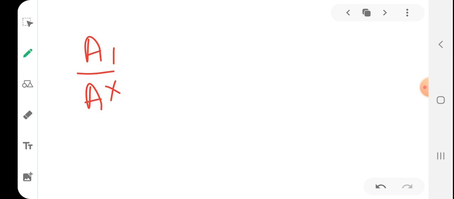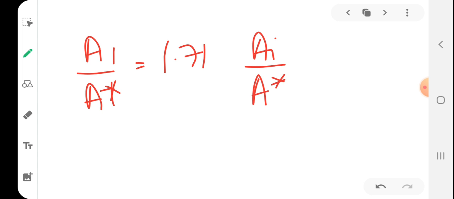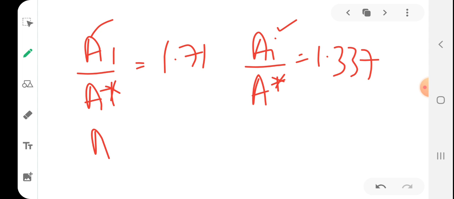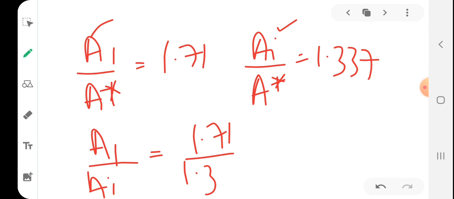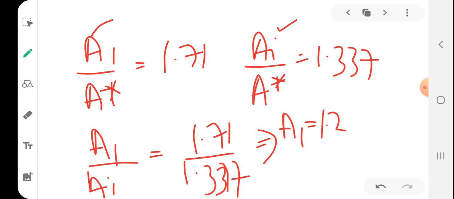So A1 by A star is known as 1.71, and AI by A star is known as 1.337. You can obtain a relationship between A1 and AI by dividing: A1 by AI will be 1.71 by 1.337, which gives A1 equal to about 1.27 AI.